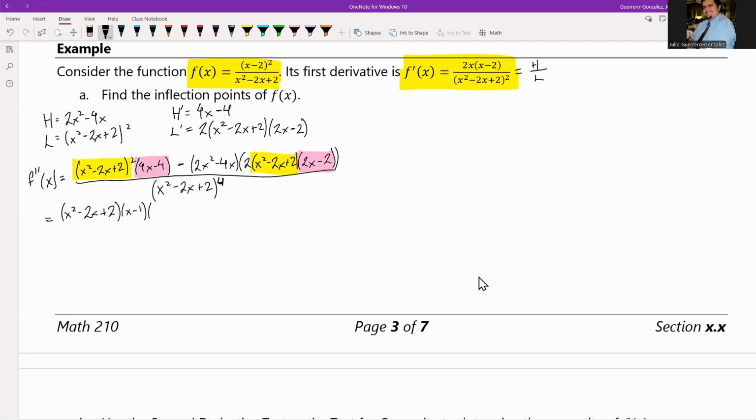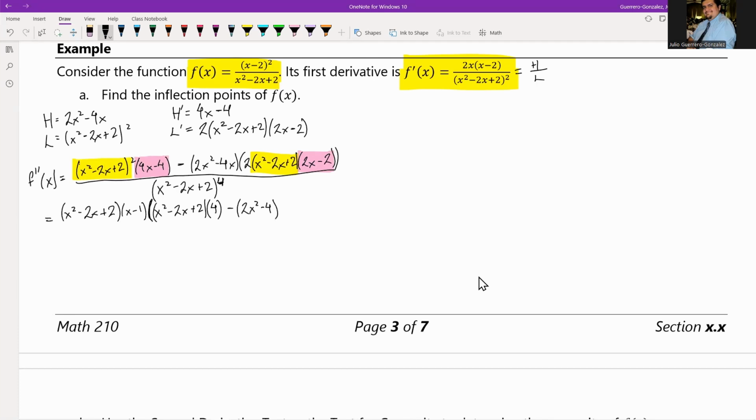Now I'm going to write down everything that got left behind. So it's going to be big, x squared minus 2x plus 2. I'm going to keep them in the same spots, times 4 here, because that's what got factored out. Minus 2x squared minus 4.